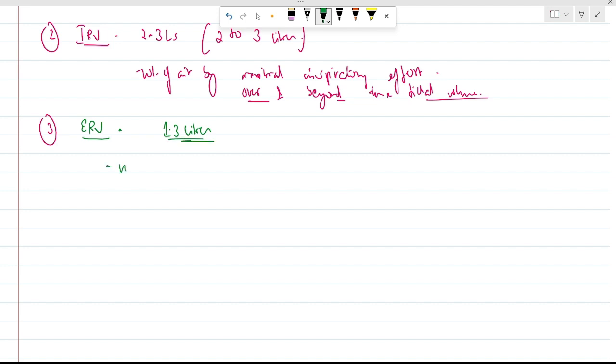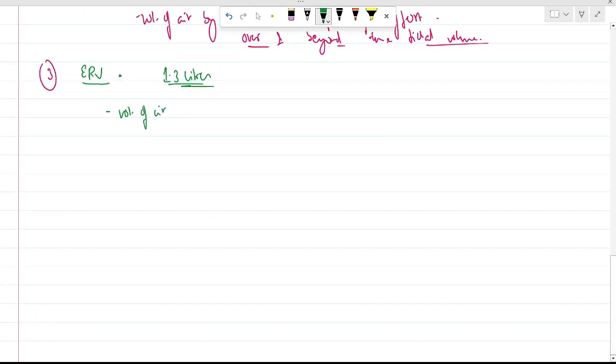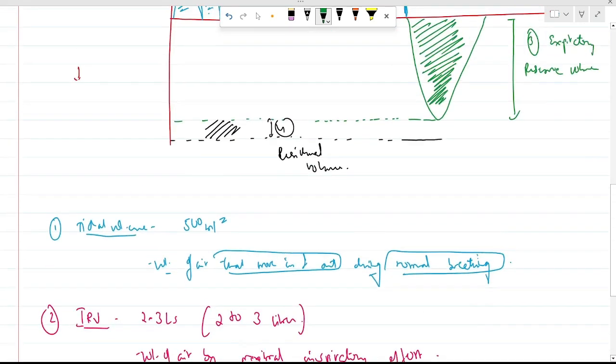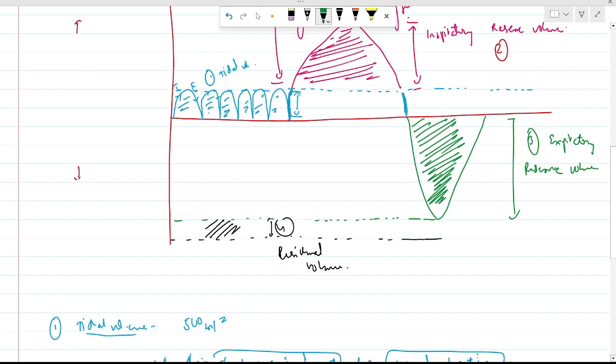Now what is this? This is the volume of air by maximal expiratory effort, the volume of air we take out, also over and beyond tidal volume.